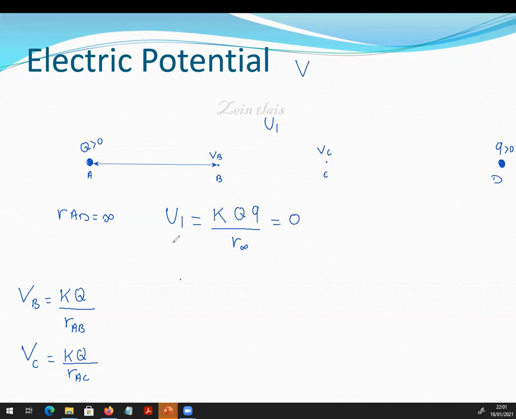So we don't have U. If I push this charge from infinity to the point B, here we have a new configuration, a new system U2. Okay. What can we say?